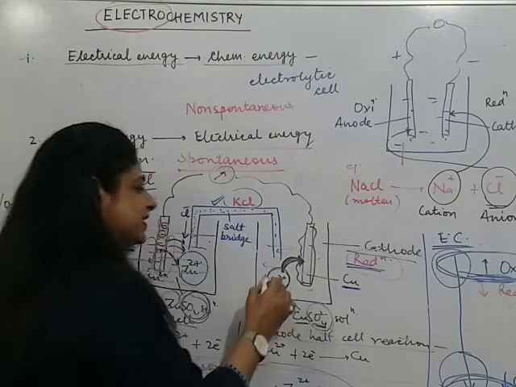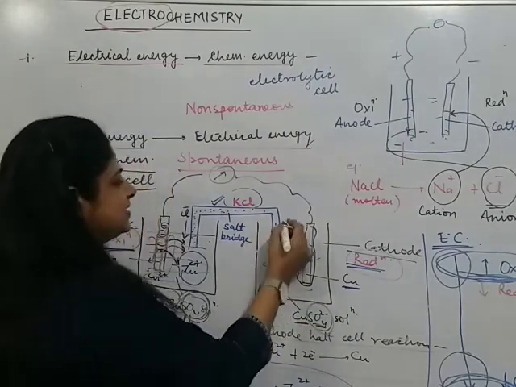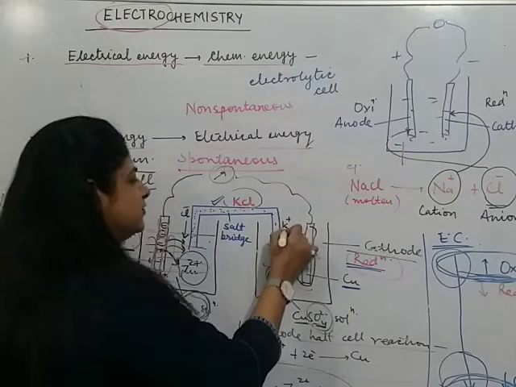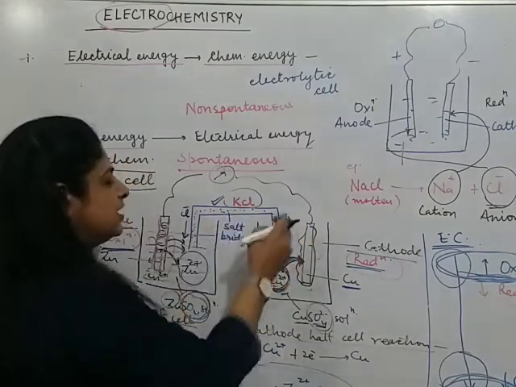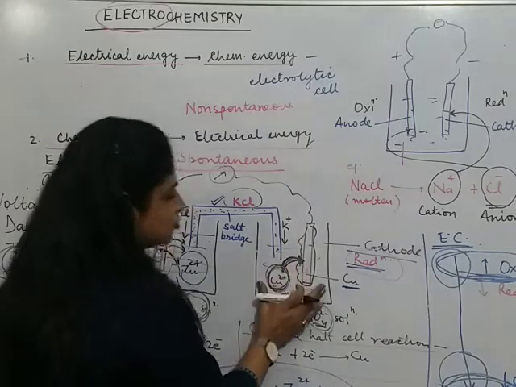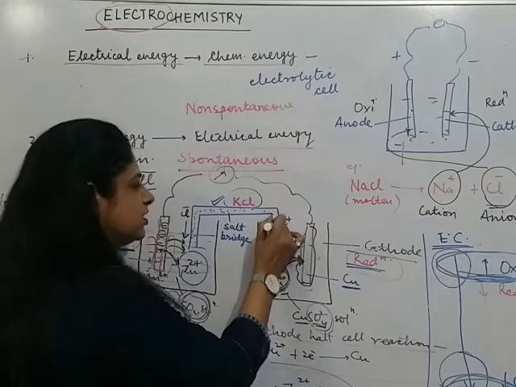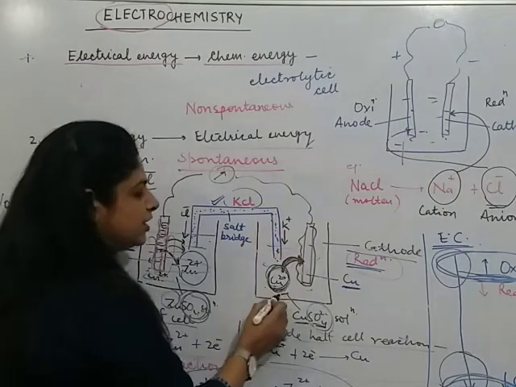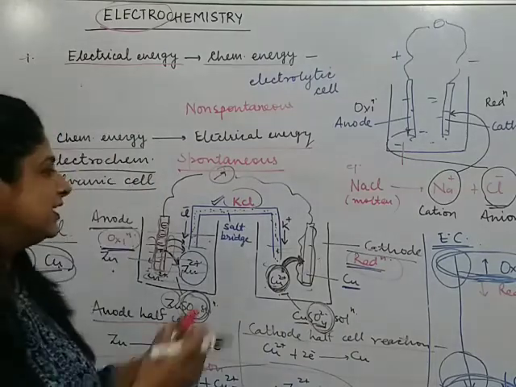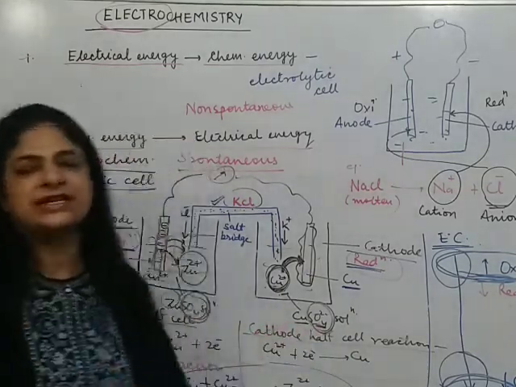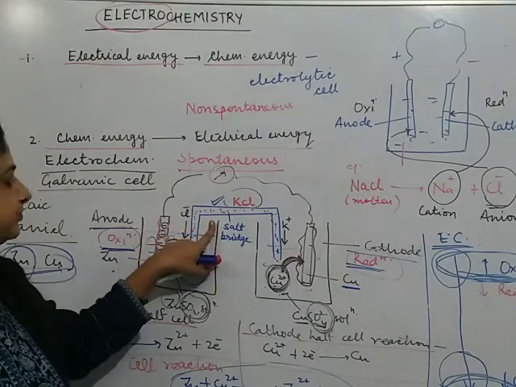So to maintain this electrical neutrality, in this case the potassium ions will move towards this, through the gelatinous or porous material, because there is an extra negative ion in this. The potassium ions will move from the salt bridge to neutralize these sulfate ions to maintain the neutrality, and hence the potential difference is maintained. This is the importance of the salt bridge.